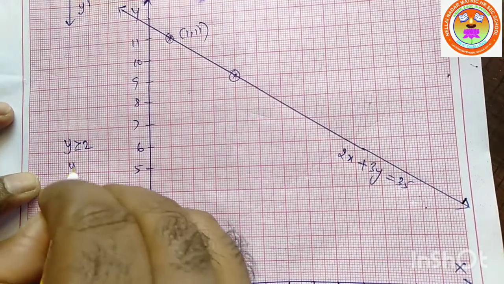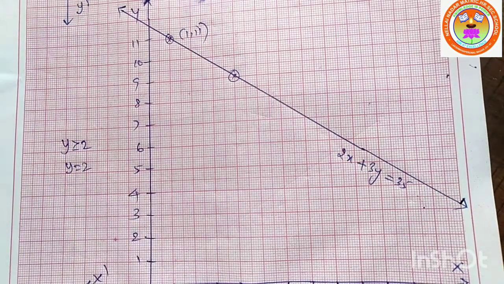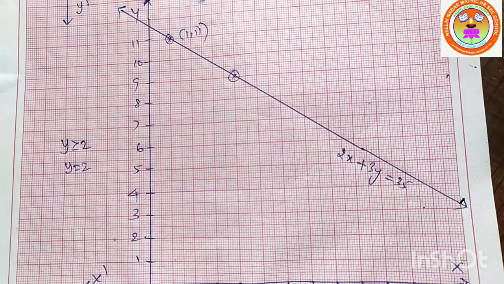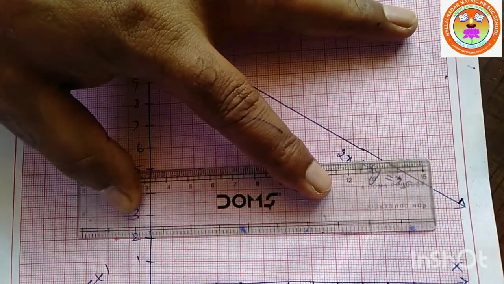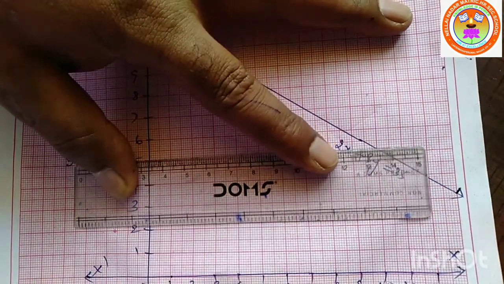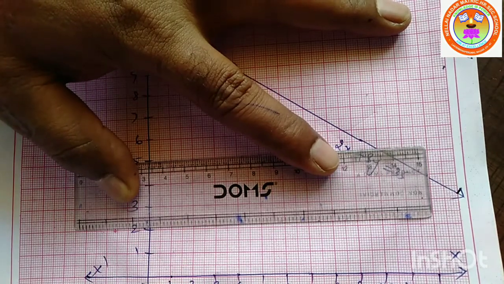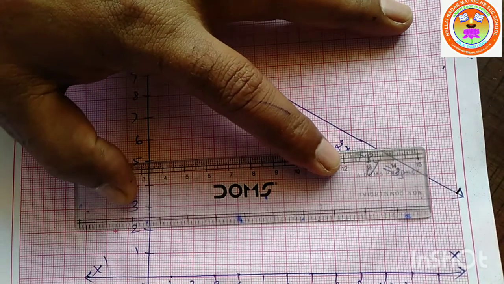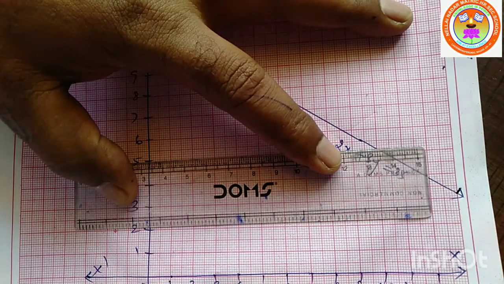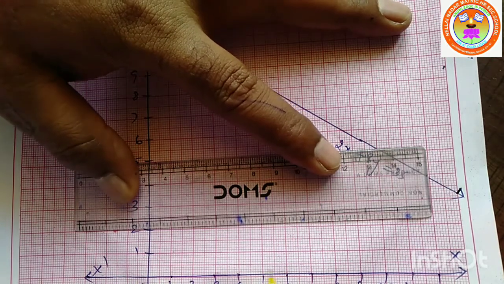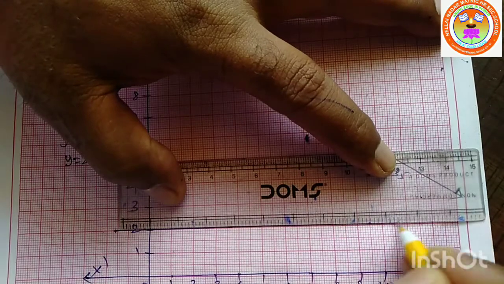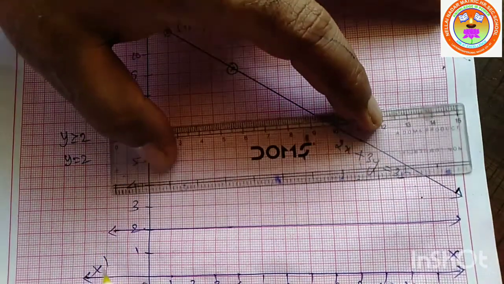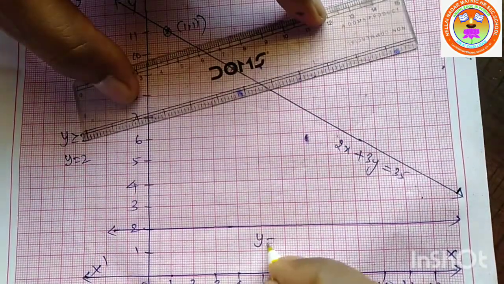So we can consider y is equal to 2 first. y is equal to 2 means this is the line, right? y is equal to c is a straight line parallel to the x-axis. That means here y is equal to 2. So if we draw one line like this, parallel to the x-axis, this line represents y is equal to 2.